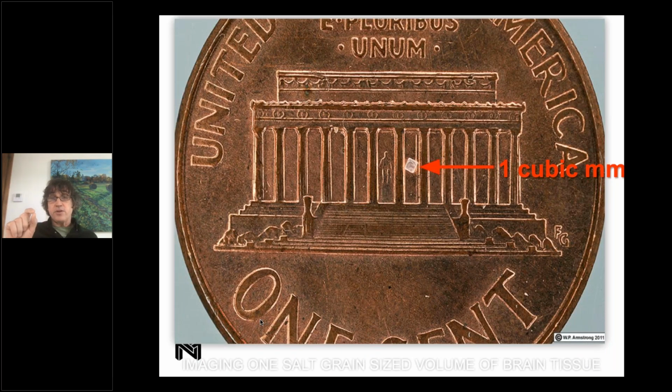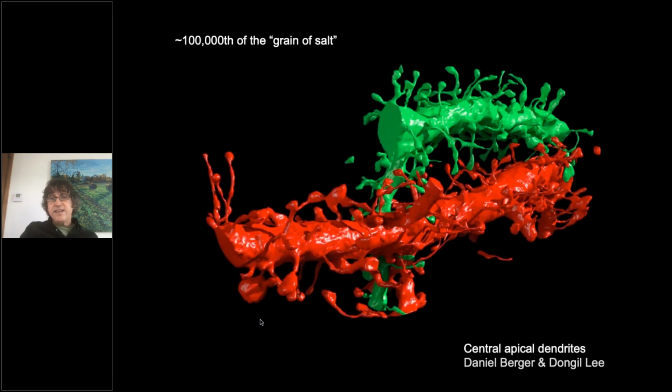What I'm showing you here is a penny, and on it is a little grain of salt. And here are two neurons that sit in a volume that is about 100,000th of that grain of salt. What you see here are two apical dendrites in the brain. These are parts of the receptive piece of a neuron.